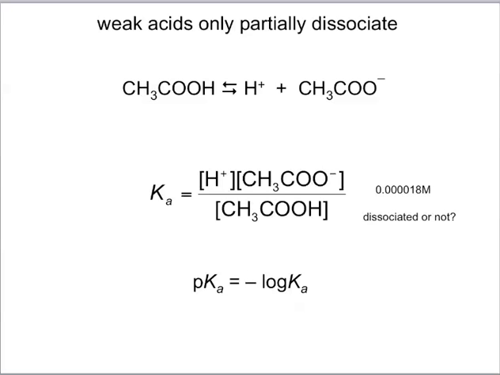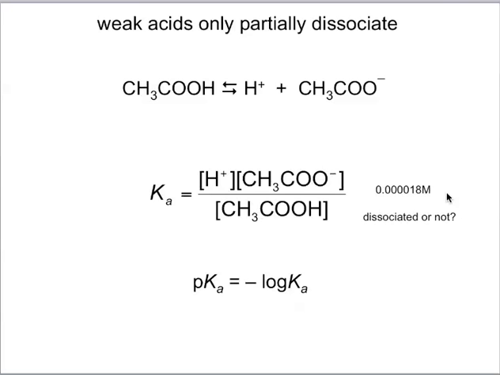Let's think about whether, given this value, the acetic acid molecule is actually more dissociated or less dissociated. So I'll let you chew on that yourselves. What does this mean? What's happening in the numerator and the denominator for us to get this very small number? And what does that mean for the dissociation state of most of the acetic acid? We'll discuss that in class. Chew on it now. It's not a very complicated problem.